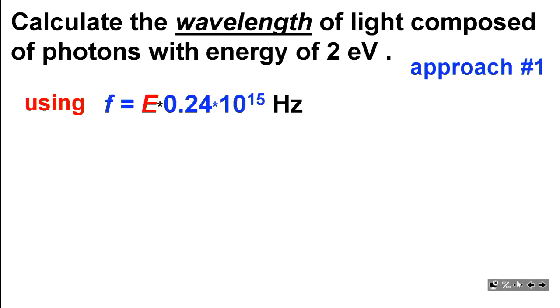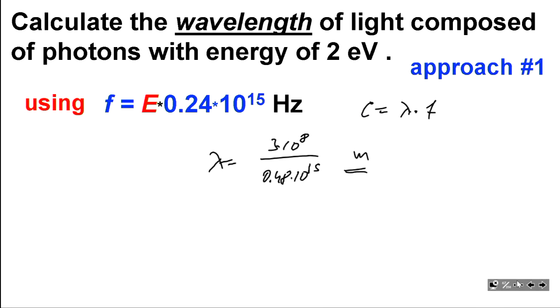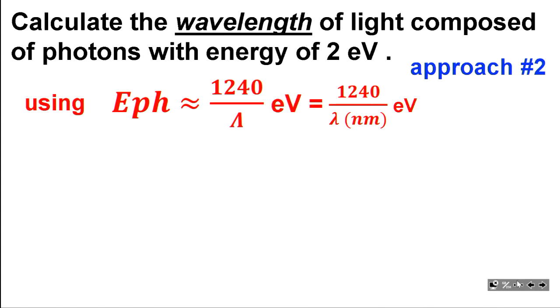Approach number one, because speed, wavelength, and frequency are related, the wavelength is equal to the speed of light over the frequency, 0.48 times 10 to the 15. And that will give us meters, but we have a different approach because energy and wavelength in nanometers are related.